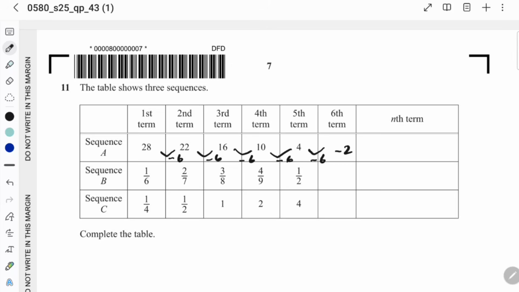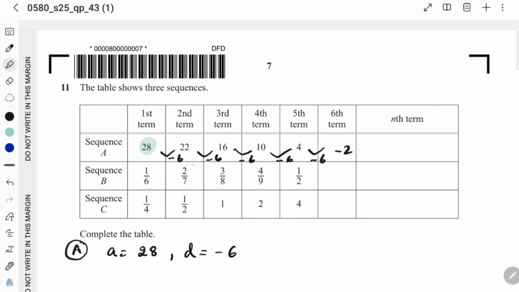Okay. Now the nth term. I'm just doing the nth term of A first. We do each one by one. It's a linear or arithmetic sequence because the difference between each and every term is the same. a is the first term of the sequence, which is 28, and d is the common difference, which is minus 6 here.